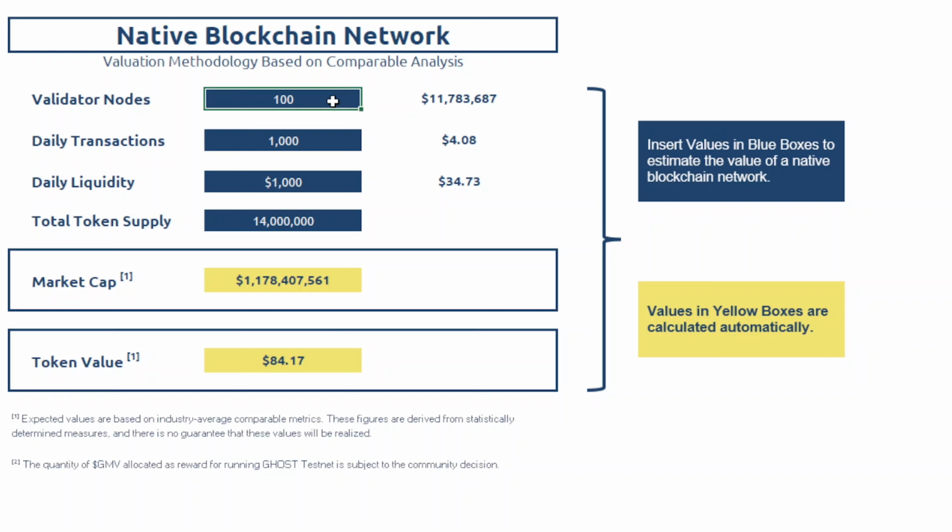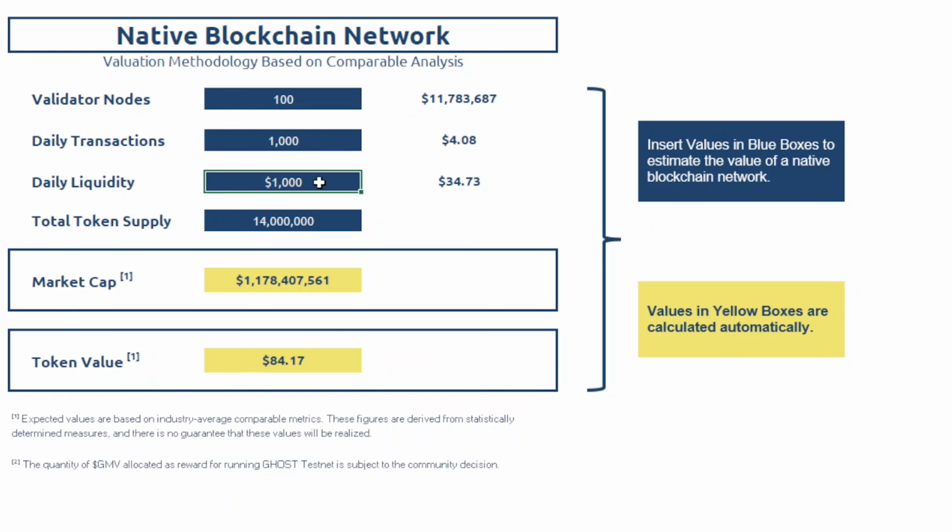If we have 100 validated nodes priced at $11.8 million, 1,000 daily transactions priced at $4 per transaction, and the daily trade liquidity of just $1,000, which is priced at $34.73.